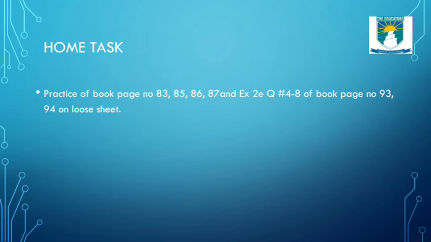I hope all of you will do your practice on rough register or loose sheet, and if you have any difficulty about any concept, you have to take help from the video.